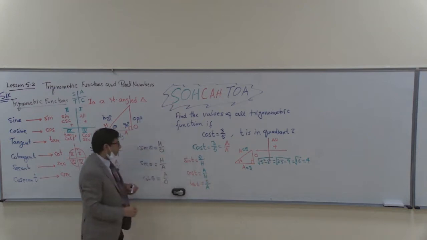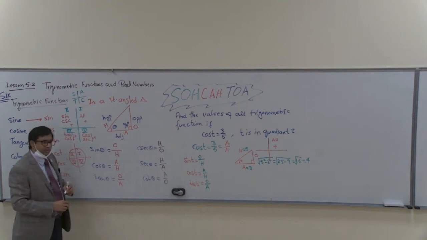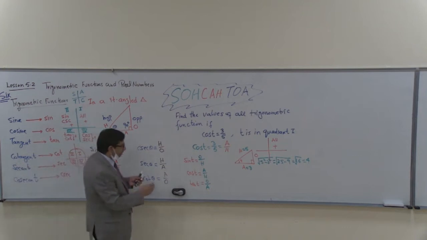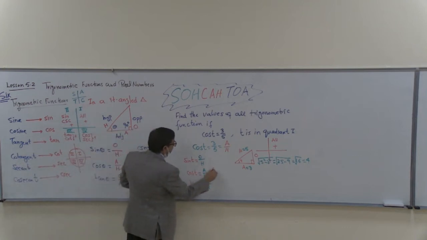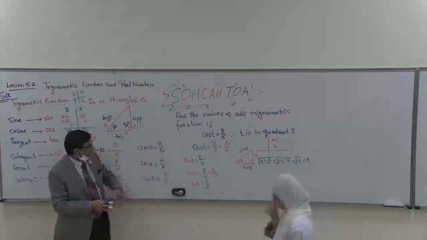Okay, great. This is the formula. What is the value for cosine? Cosine value is already given, which is 3/5. What about sine? 4/5.